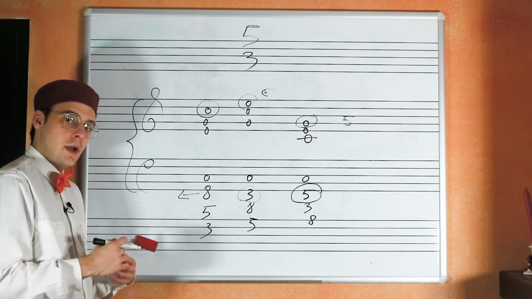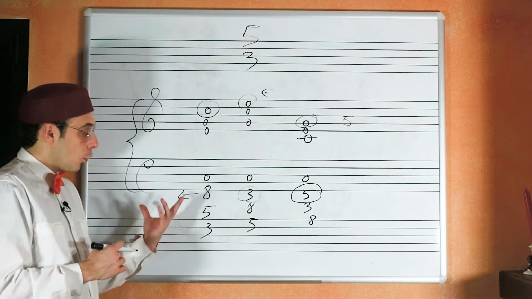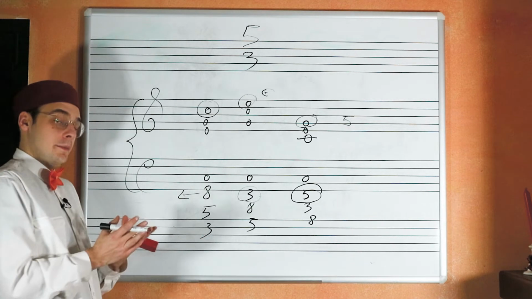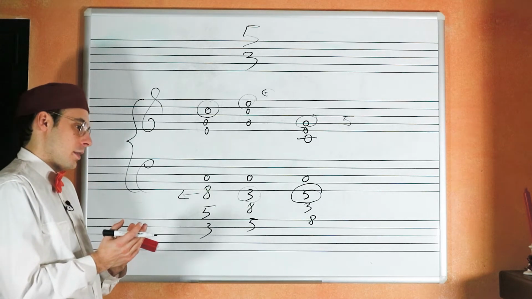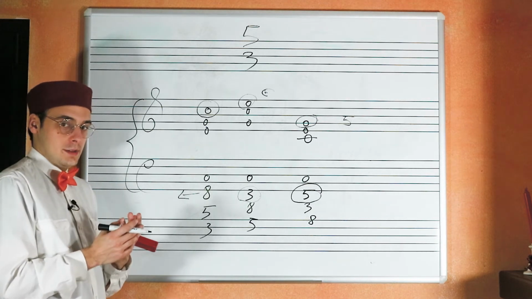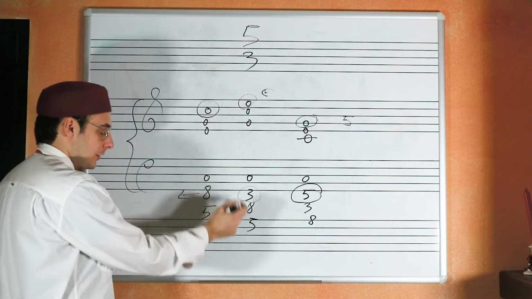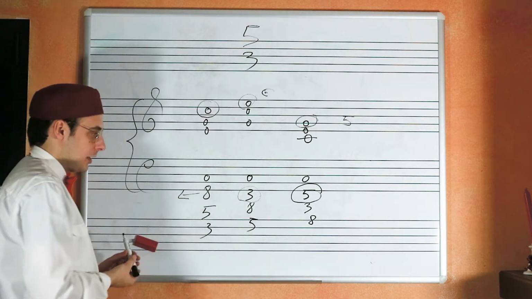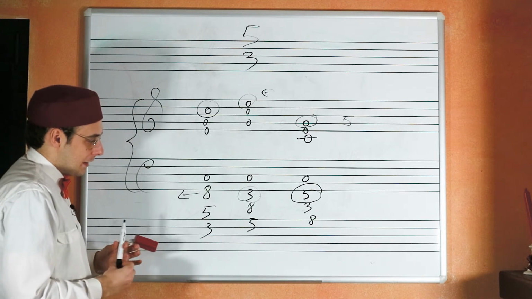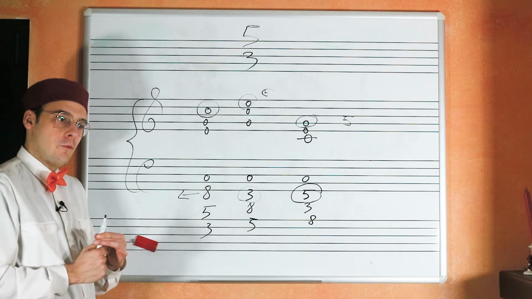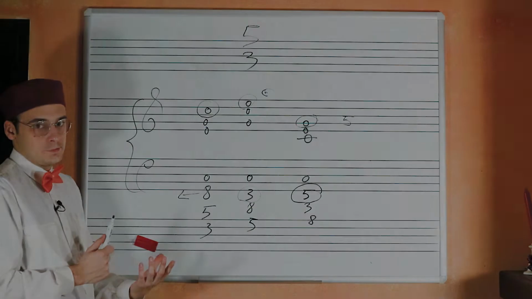Think that when you meet all the indications, all the numbers, it usually means that the composer wants this, because the complete indication is an explicitation of the volition of the composer.